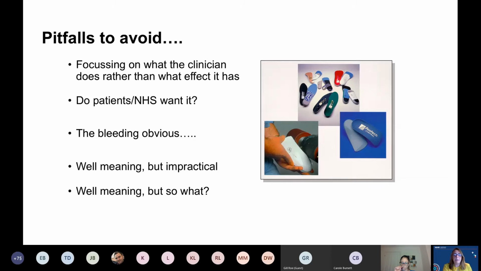And the number of podiatrists who come up and tell me that the orthoses that they make are so much better than anything else that's around. It's just absolutely ridiculous. So they think that something that they're doing is going to be slightly different. And again, unless you can actually demonstrate that there is a change, it's, again, the so what question.